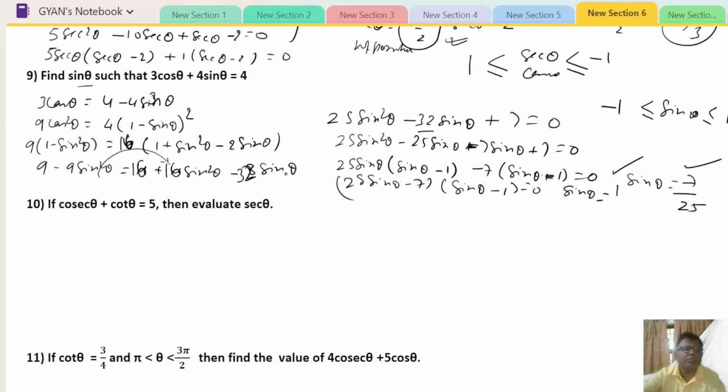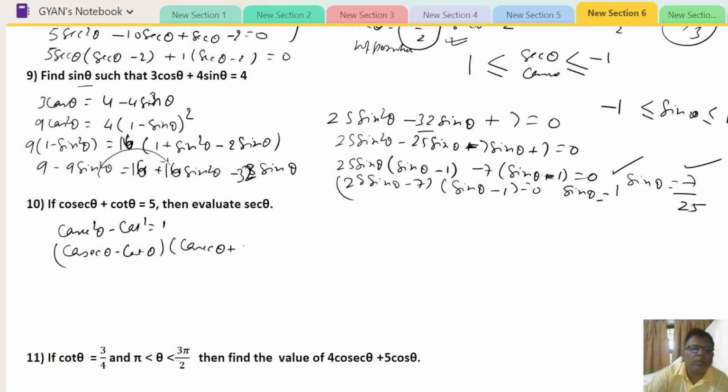Now come to the next question. This type of question you solve by this method because it will be very easy. You know that cosec square theta minus cot square theta is equal to 1. So cosec theta minus cot theta into cosec theta plus cot theta is equal to 1.